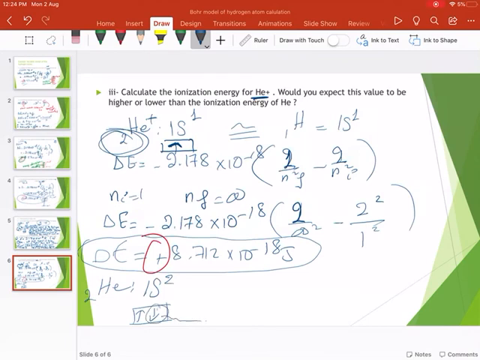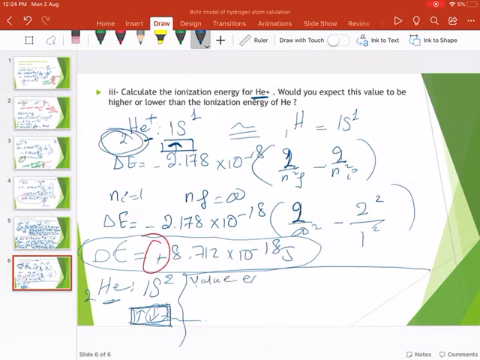In helium I am considering electron-electron repulsion, because in the orbital the two electrons are together. So there is electron-electron repulsion, which helps in removing the electron. That makes the ionization energy for helium lower than that for He+. So I expect this value to be higher.